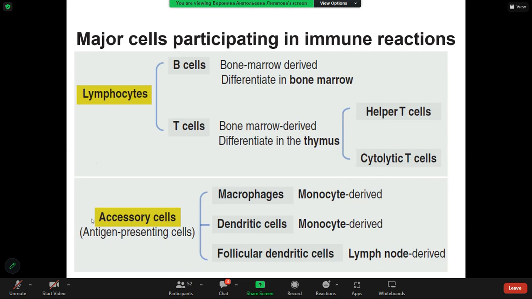Accessory cells or antigen presenting cells include macrophages, monocyte-derived dendritic cells, and follicular dendritic cells, a lymph node-derived cell. And the immunocompetent cells we can see in this picture: B, T, and antigen presenting. Remember, I told you about the passport of the country. MHC1 is possessed by all nucleated cells in the organism, first of all, and platelets.